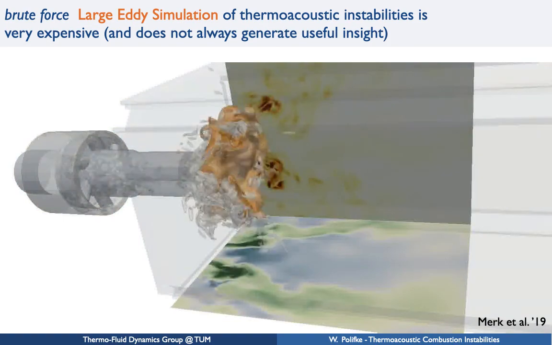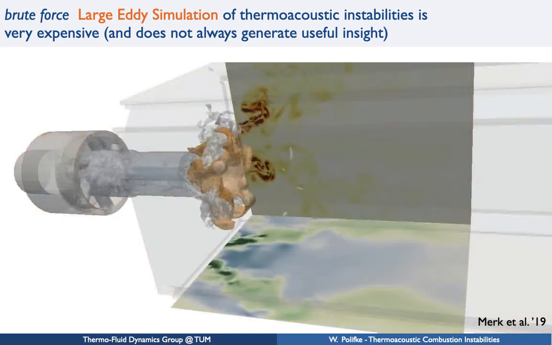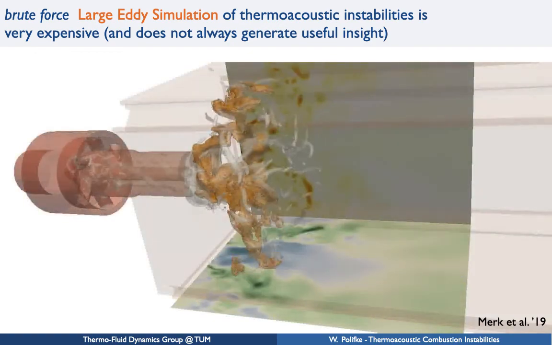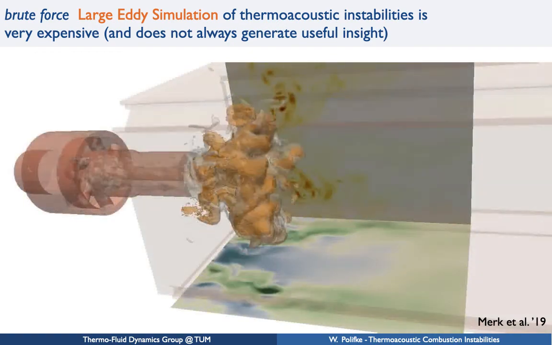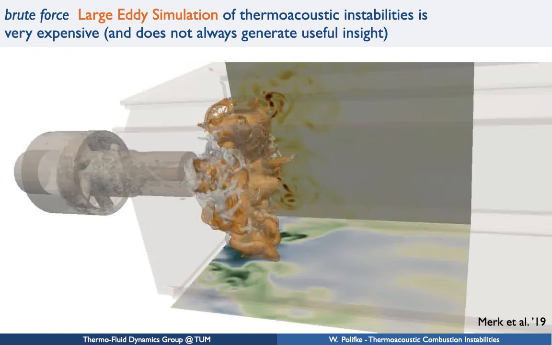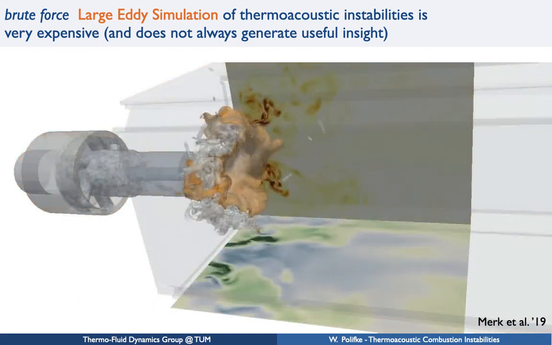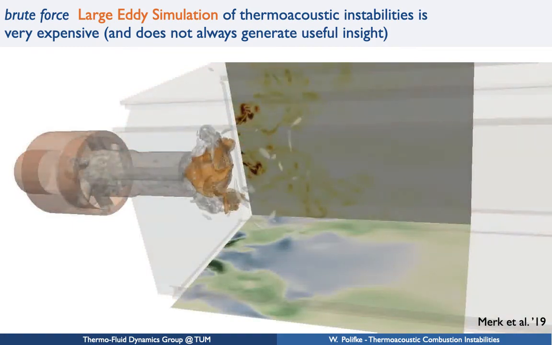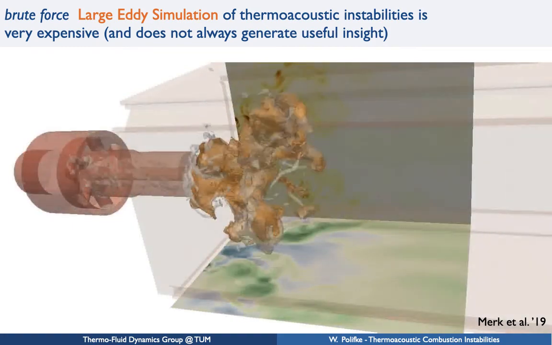For thermoacoustic stability, what is needed predominantly is the response of total heat release to flow fluctuations, to acoustic waves. And acoustic waves are fairly large-scale phenomena, so they don't care very much directly about all the small-scale stuff.